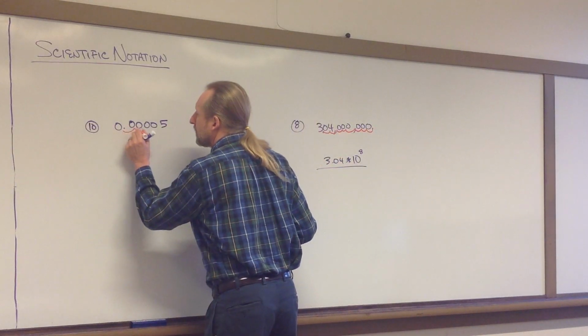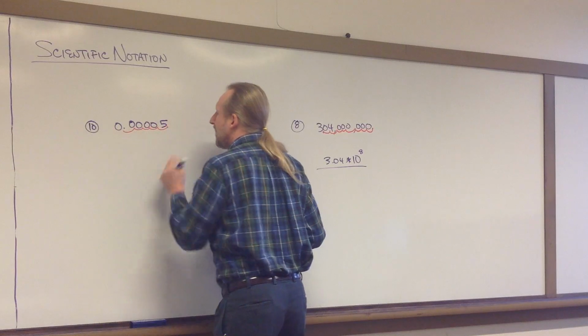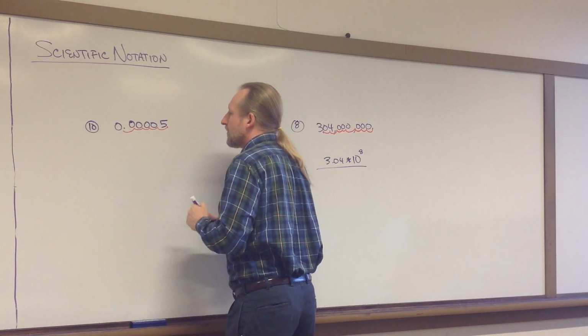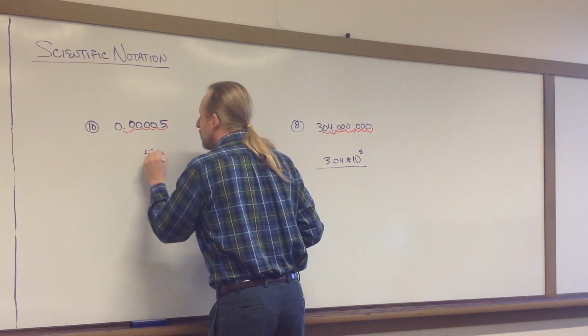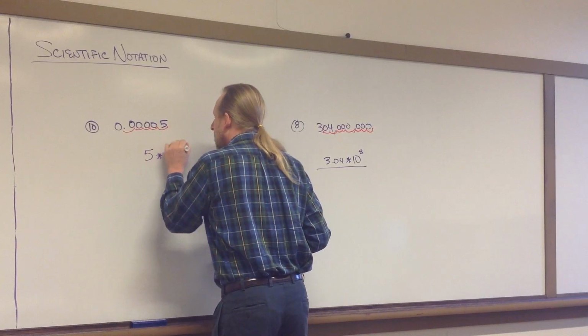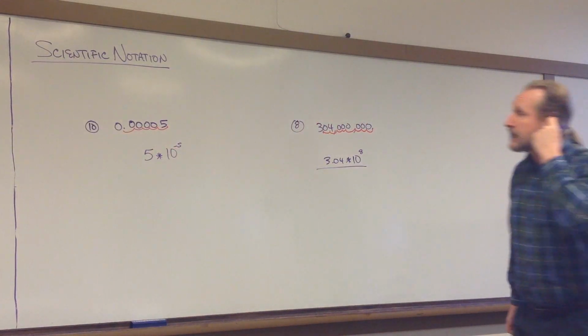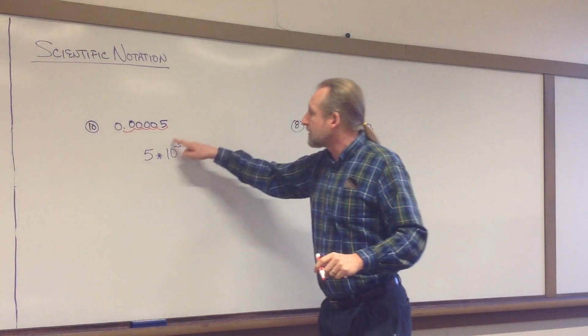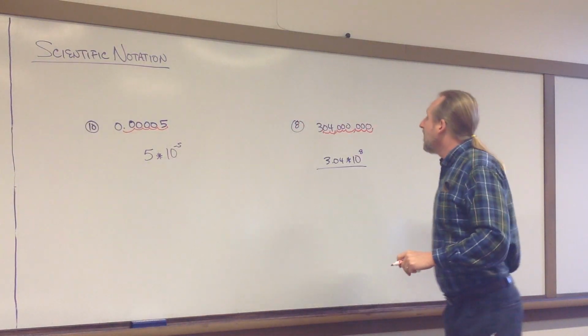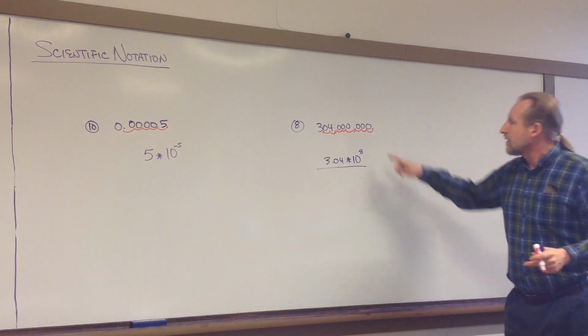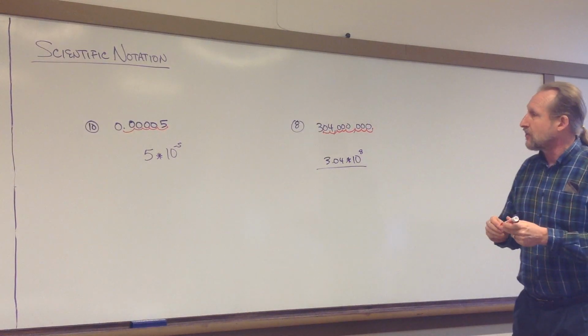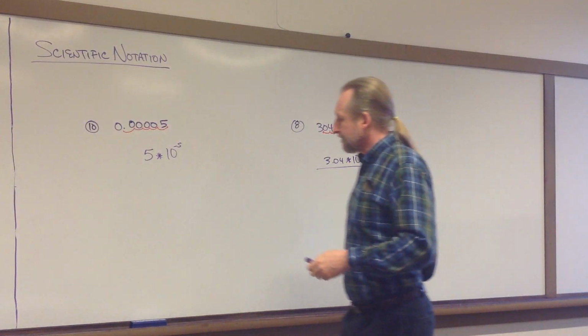So we go 1, 2, 3, 4, 5 places. So this number in scientific notation would be 5 times 10 to the negative 5th power. Okay? Typically, any number that's smaller than 1 is going to have a negative exponent. Any number that's bigger than 1 is going to have a positive exponent in scientific notation.